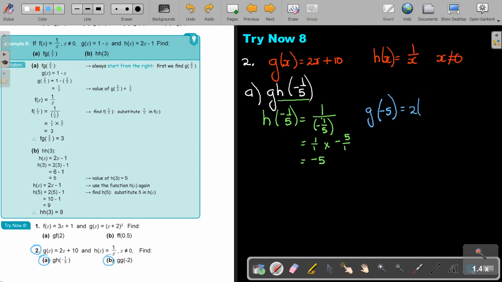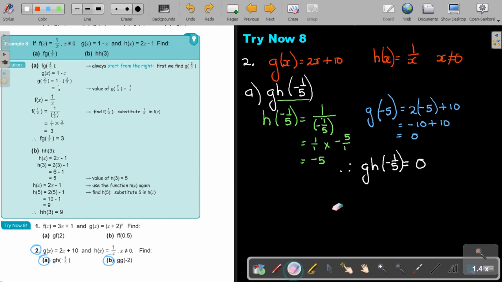So put it there in g. And that's -10 + 10, and that's going to be what? 0. And then end nicely by saying g(h(-1/5)) will be an answer of 0. Okay, that's the easy way.